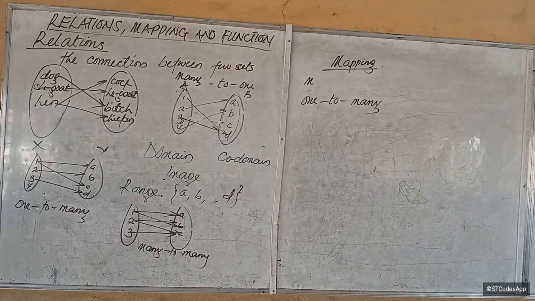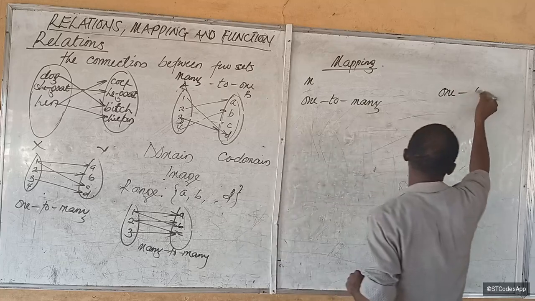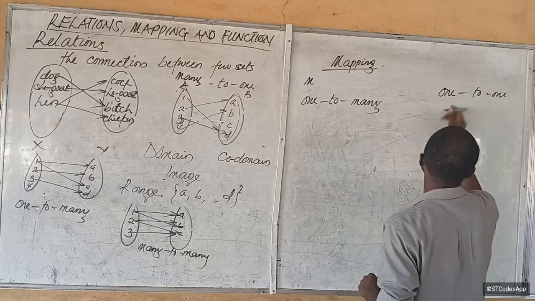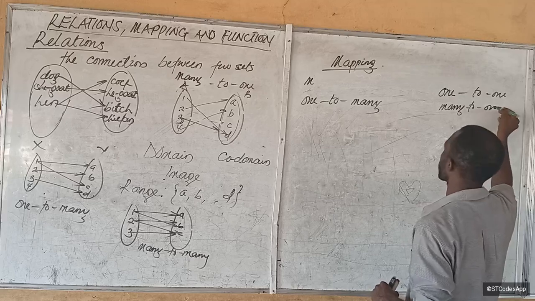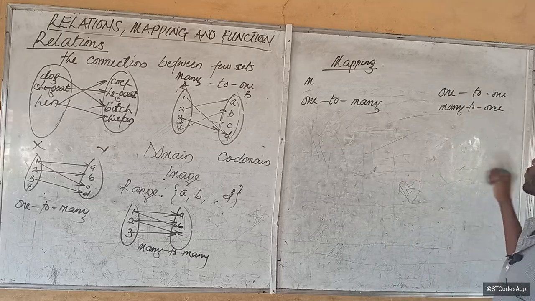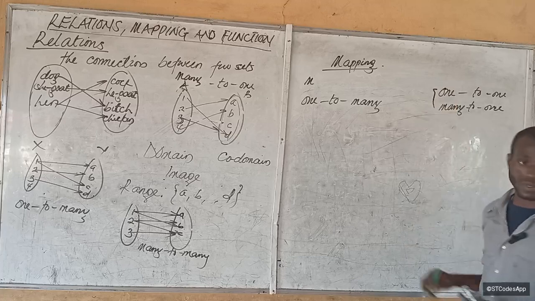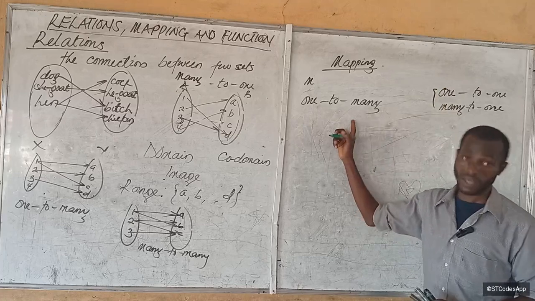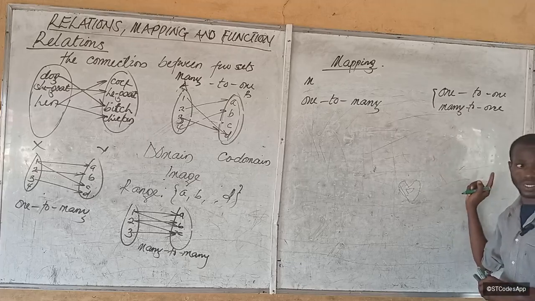So mapping has to do with when we have 1 to 1 and many to 1. Is it 1 to many? Yeah, many to 1, yes. So these two are the only types of mapping we have, but not this one. Is that okay? 1 to 1 and many to 1.